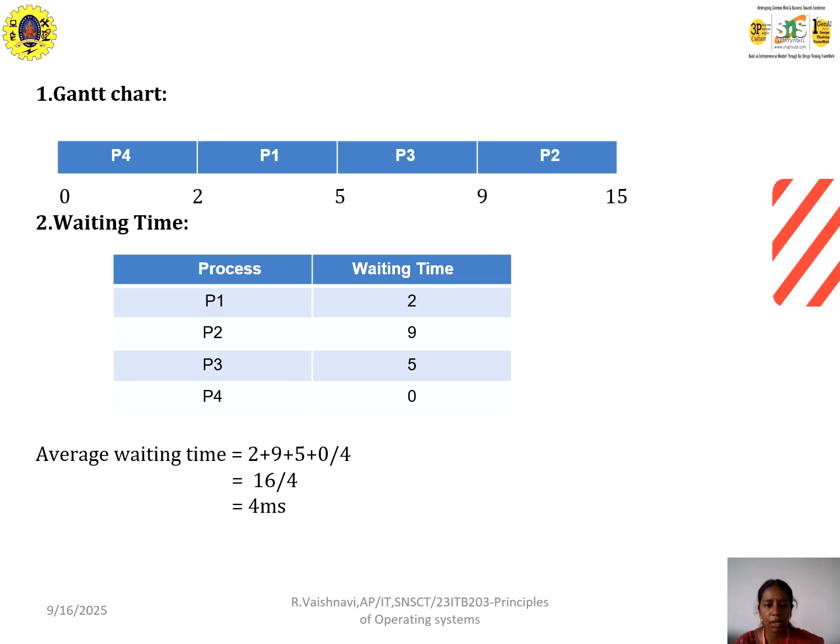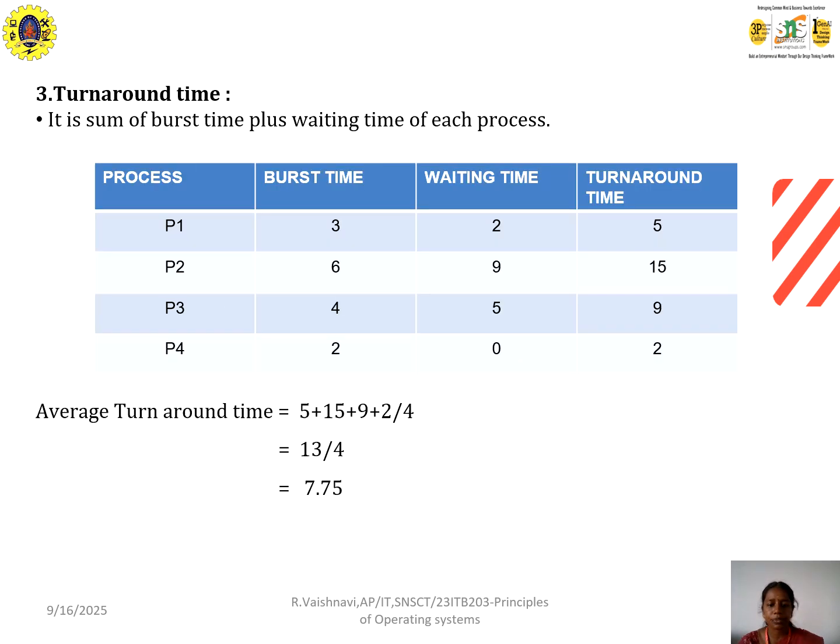So 2 plus 3 is 5, and then for process 3 the burst time is 4, so 5 plus 4 will be 9. Then for process 2 the burst time is 6, so 9 plus 6 is 15. For the average waiting time, we add these 4 waiting time values and divide by 4. So we get an average waiting time of 4 milliseconds.